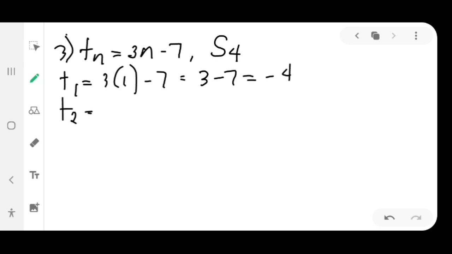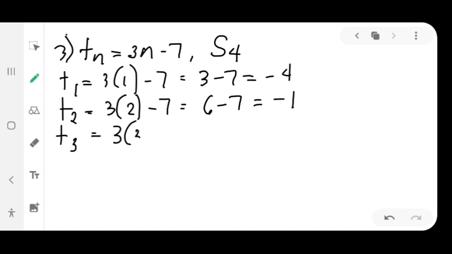T sub 2 is equal to 3 times 2 minus 7 equals 6 minus 7, which is equal to negative 1. T sub 3 is equal to 3 times 3 minus 7. 3 times 3 is 9 minus 7 is equal to 2. And then the last term is t sub 4.